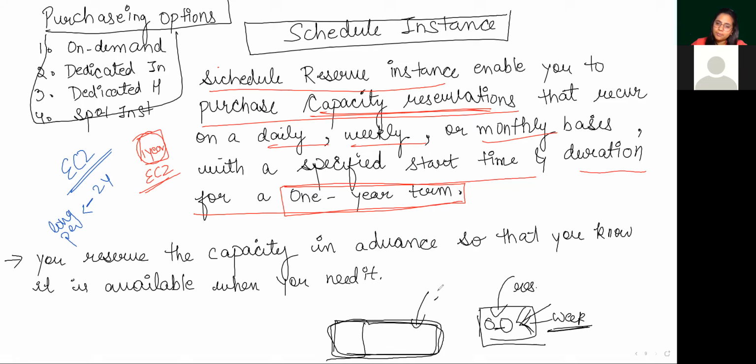So you are reserving the capacity in advance so that whenever you need it, you can access it. But you specify from which time to which time you want this EC2 instance. You have to pay the charge for it.